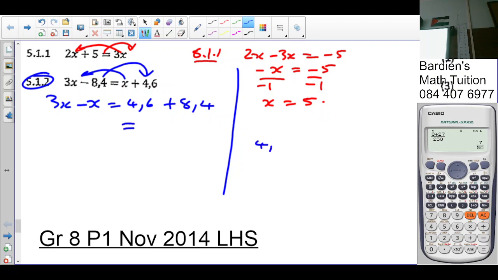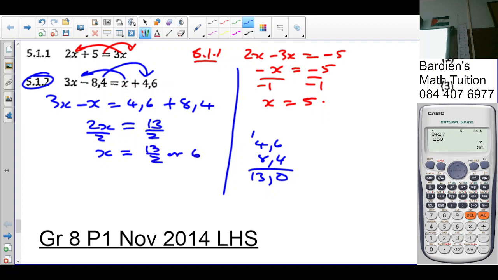So 4.6 plus 8.6 is 10 carry 1 is 12, 13. So it's 13 and 3x minus x is 2x. Divide by 2 both sides. So x is 13 over 2 or 6.5. Both are going to get the full mark. Or 6.5. It all means the same thing to us. Okay?